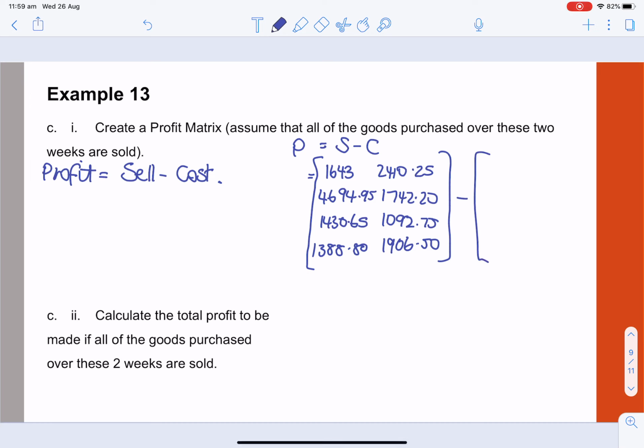Gets too messy. And then I use my C from the previous slide, or from 2 slides ago actually. So 1060, 1555, 3029, 1124, 923, 705, 896, and 1230.